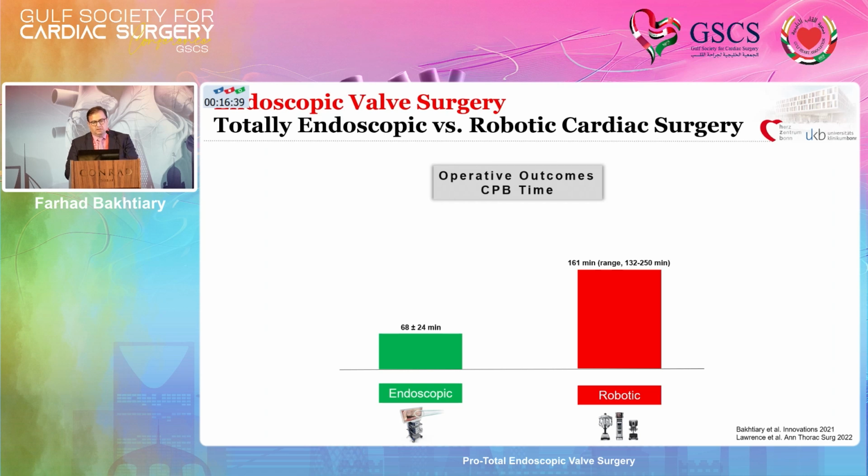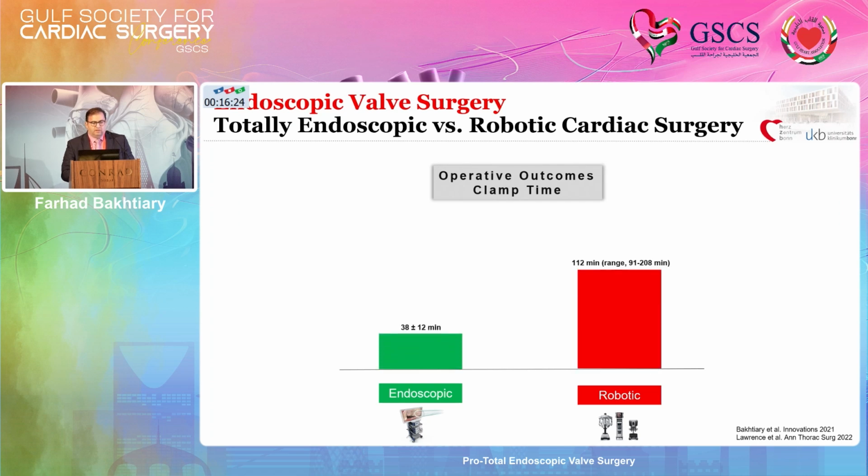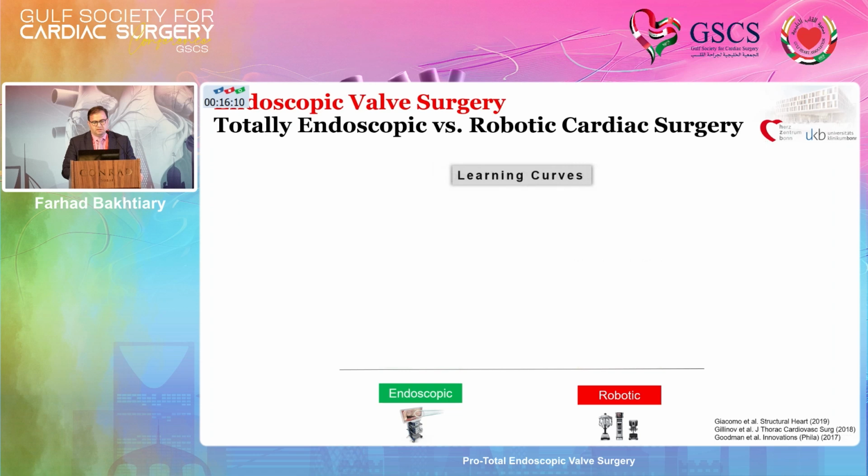And you see in both very experienced groups the difference of CPB time for the robotic approach, and the cross-clamping time for simple AVR. So the time, the experience time, is very important in cardiac surgery, and you see the difference of two different approaches with a more expensive and more complicated setup.